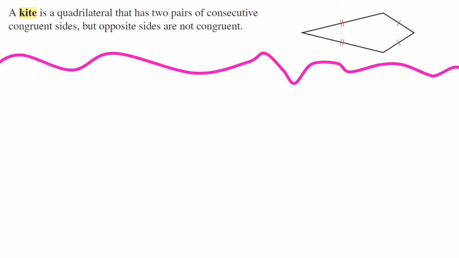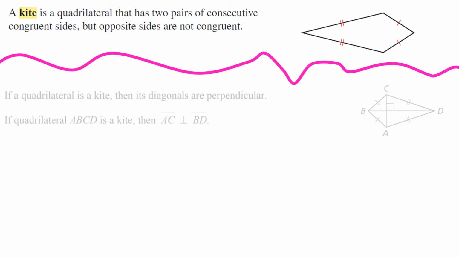Now we do have some sides that are congruent, but notice they're not opposite sides, right? And so we don't have anything as far as being parallel. These sides are not parallel to each other, but we do have two sides that are congruent, but they're consecutive sides, right? So you've got two different pairs of sides that are congruent to each other, but they're not the opposite sides.